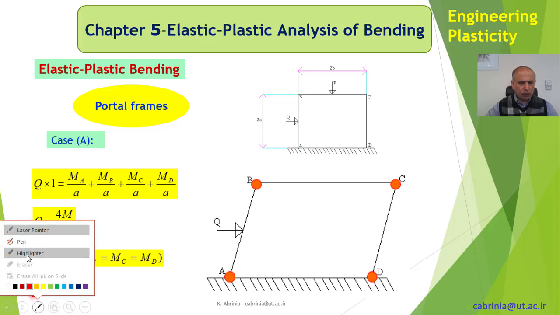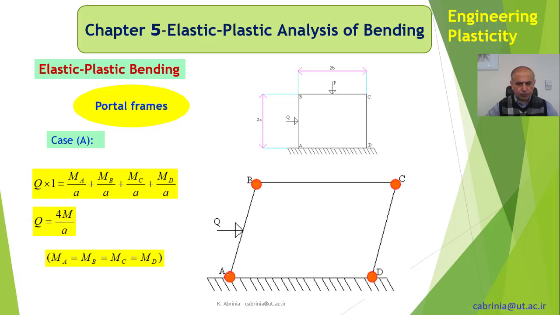If I use a pen here, assuming this is a straight line, it has moved through that angle, and the moment acts around this hinge. If Q is moving at 1 meter per second and the distance from here to here is a, then 1 over a is the rotation rate for this moment MA.